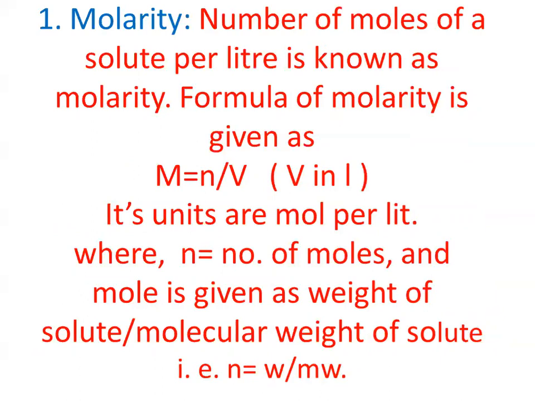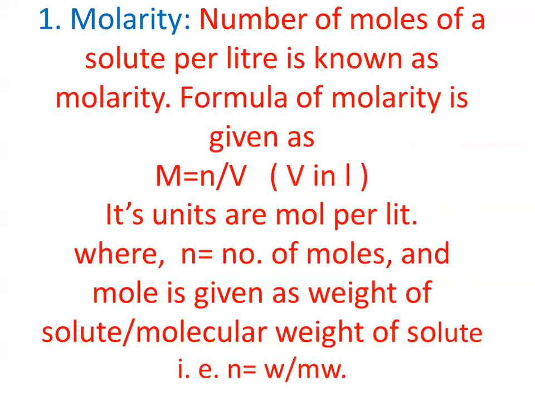It is nothing but the number of moles of a solute per liter. That means if we take 1 liter solution of a particular solute, and there is 1 mole of it dissolved in that, it is called molarity.